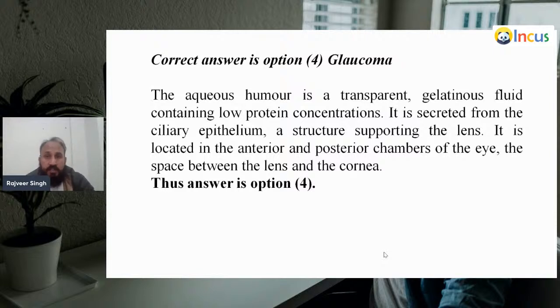The aqueous humor is a transparent, gelatinous fluid containing a low protein concentration. It is secreted from the ciliary epithelium, a structure supporting the lens. It is located in the anterior and posterior chamber of the eye, in the space between the lens and the cornea. So glaucoma is the right answer.